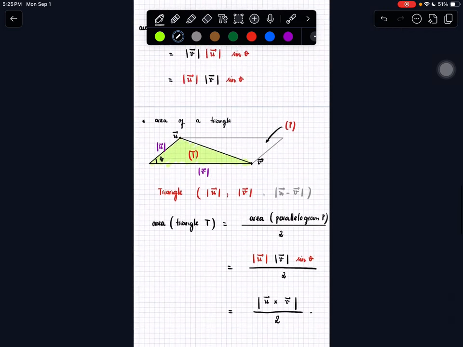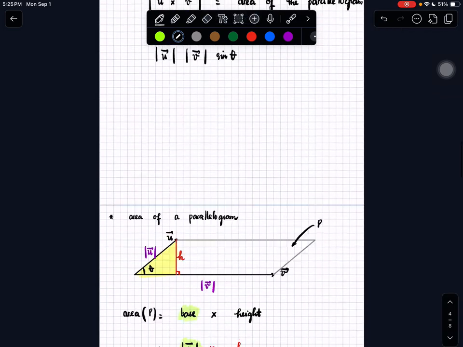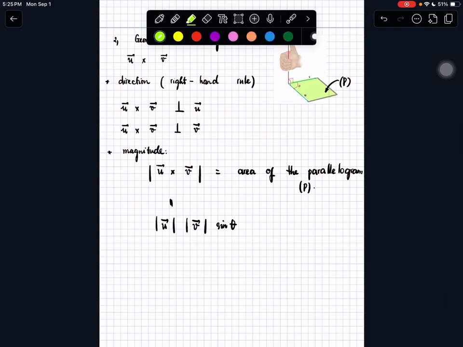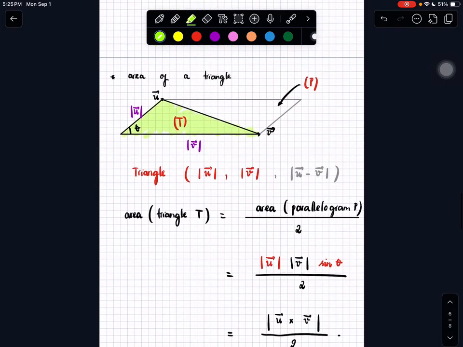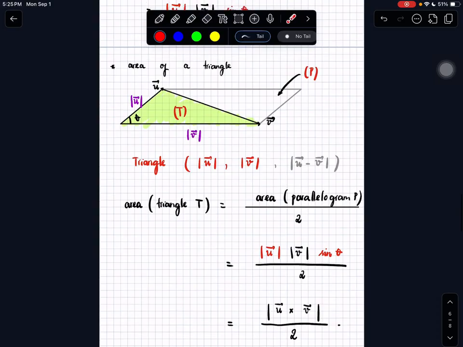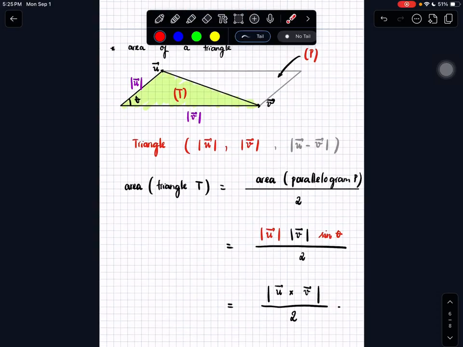Okay, to summarize, the magnitude of u cross v is given as length of u times length of v times sine of the angle theta, and this is the area of the parallelogram P. And the area of the triangle is half the area of the parallelogram, given as the length of u cross v divided by 2.